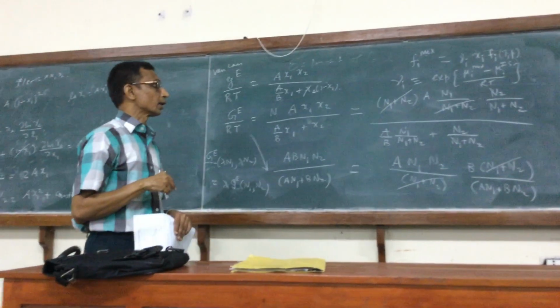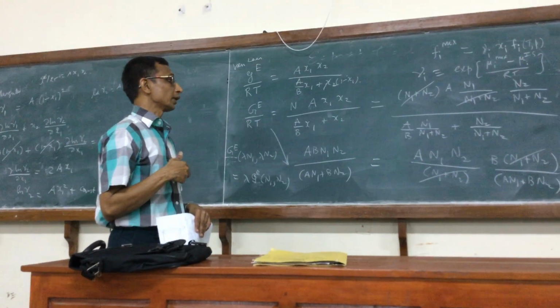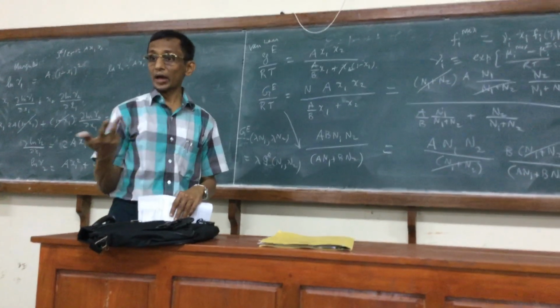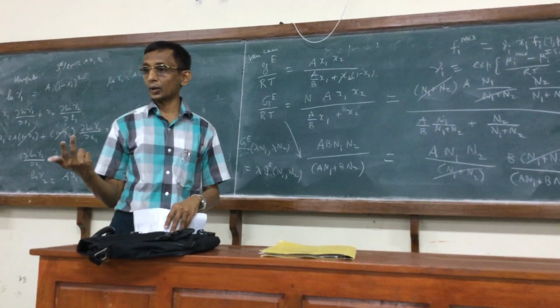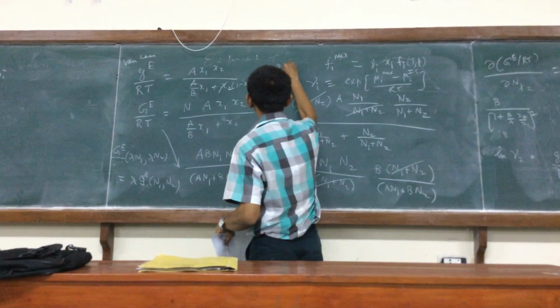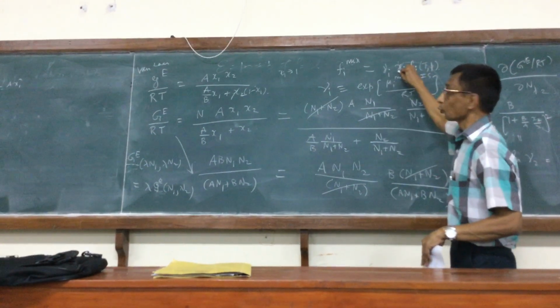Let's now take, what will happen when xi goes to 1? This is now valid for any arbitrary component mixture. If xi goes to 1, this goes to 1.